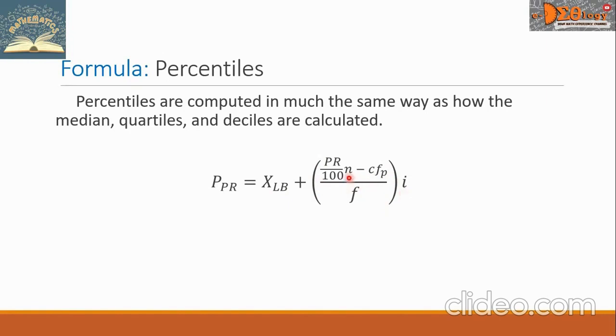The N here is the total number of cases. Take note that the 50th percentile is equal to the median, which is also equal to the second quartile, and also equal to the 5th decile.